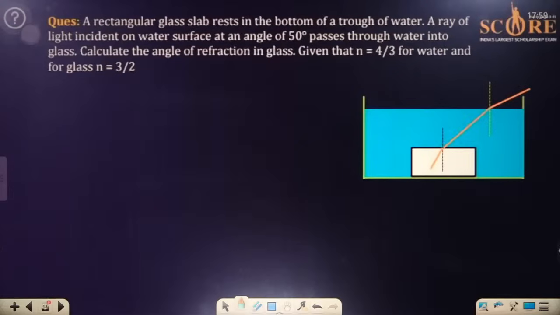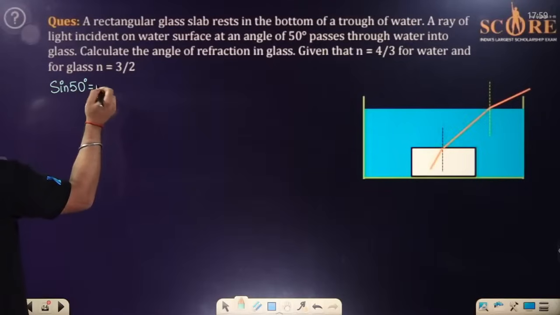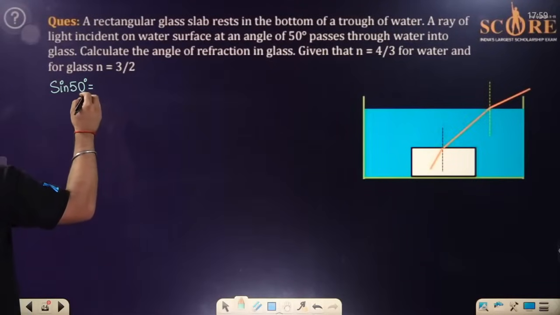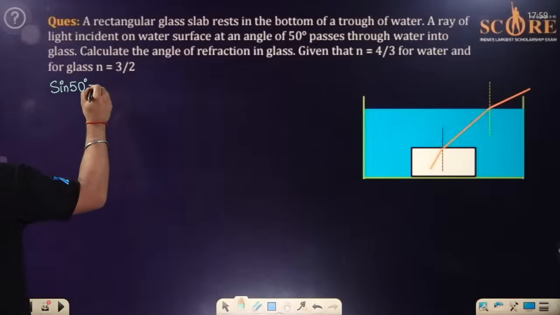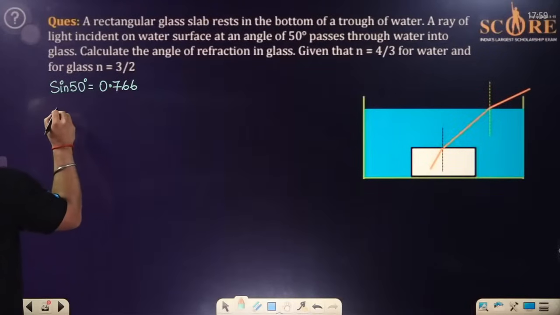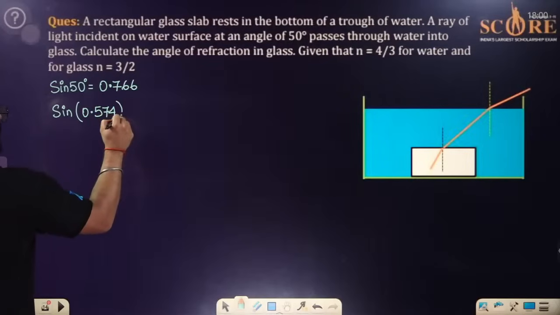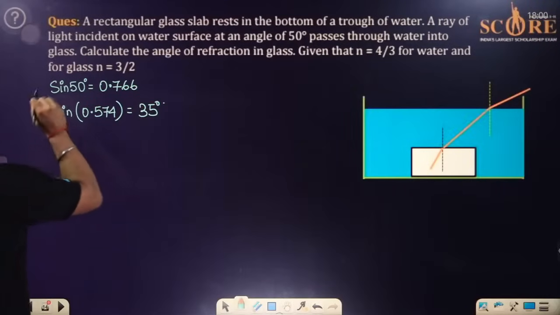So let me write those values for you, so that it will be very easy for you to solve it. sin 50 degree equals 0.766, and sin 35 degree equals 0.574. These are the two values that are given.